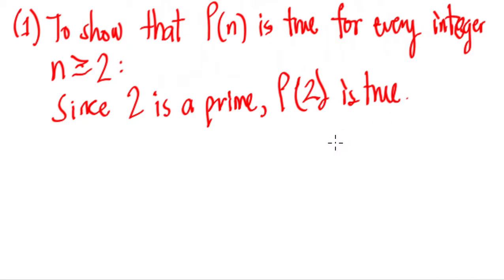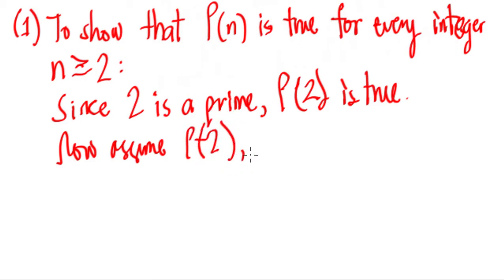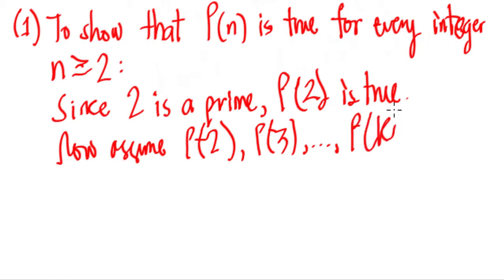Since P of 2 is true, we need to carry on with P of 3, and until P of k. So we will now assume that P of 2, P of 3, up until P of k are true.